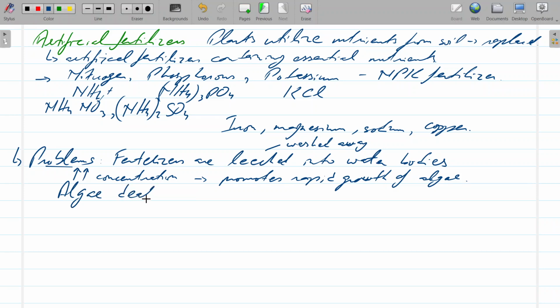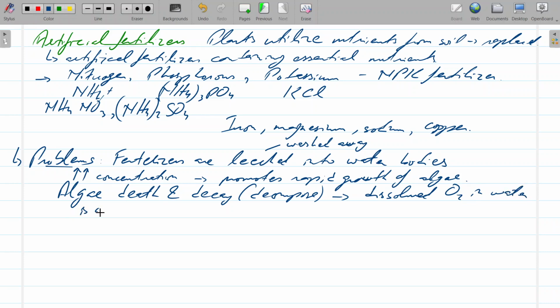It can't be sustained, and so it starts to decay and decompose, and in that process the dissolved oxygen in the water is used up, and when the dissolved oxygen is used up, aquatic life suffocates.